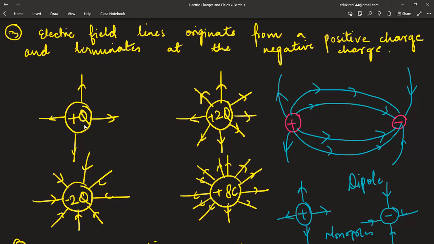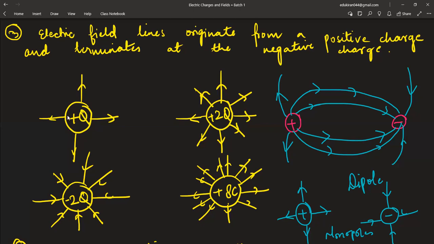So you have a positive charge. When you have to draw the electric field lines for a positive charge, the field lines will be moving away from the charge. If you have a charge plus q coulomb, I have made fewer electric field lines.